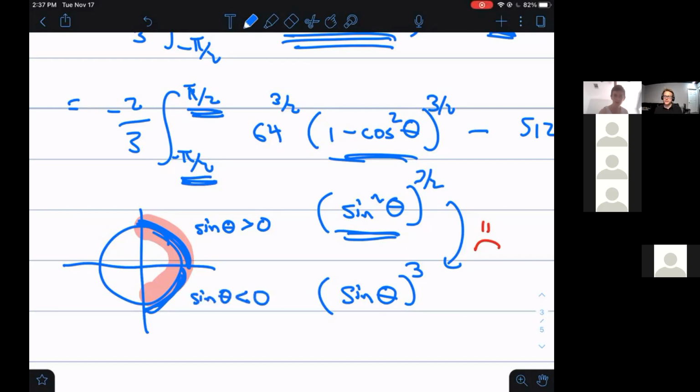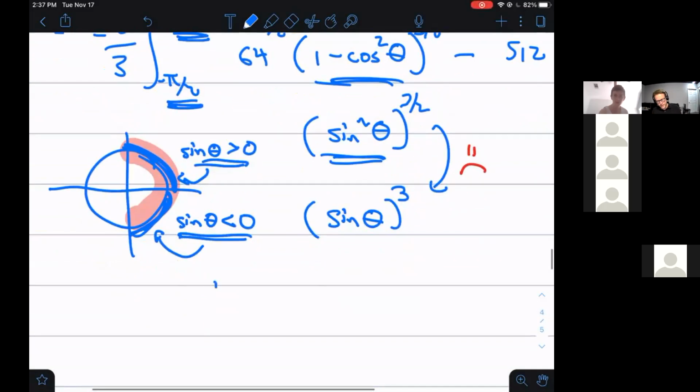So by saying that these things are equal, you're right when it's already positive, but you've changed something on the interval from -π/2 to 0. So you need to break these things up. A better way to do this would be to break up from -π/2 to 0 and do the integral in this case, and then go from 0 to π/2.